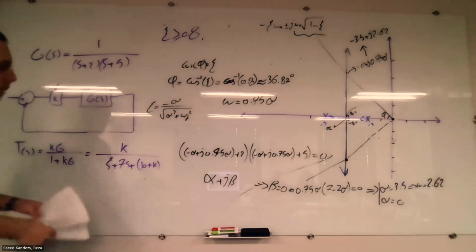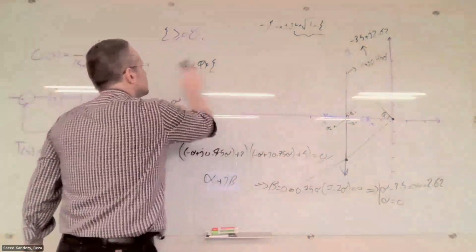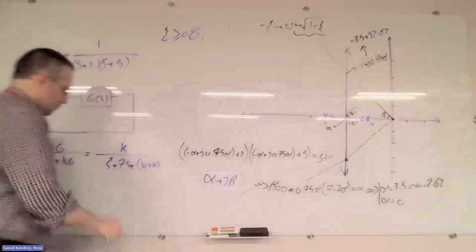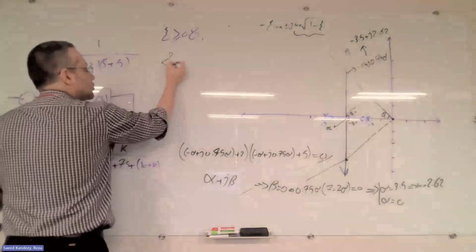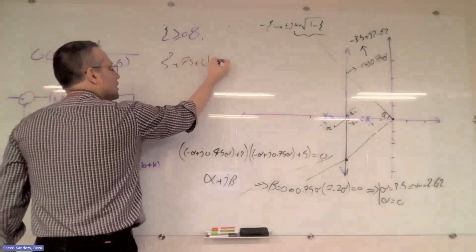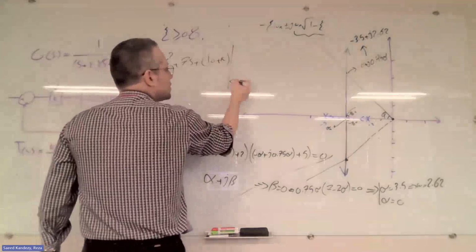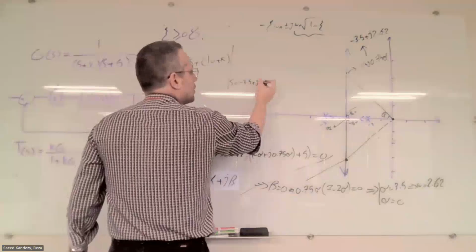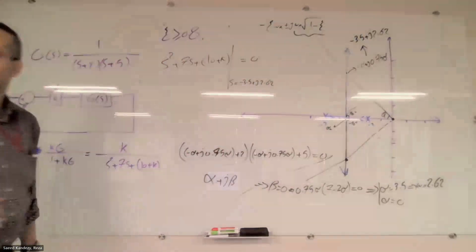So basically the condition is that the denominator, s squared plus 7s plus 10 plus K, with s equal to minus 3.5 plus j 2.62, should be equal to 0.